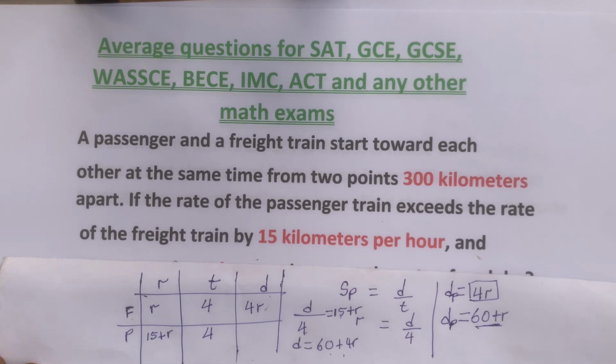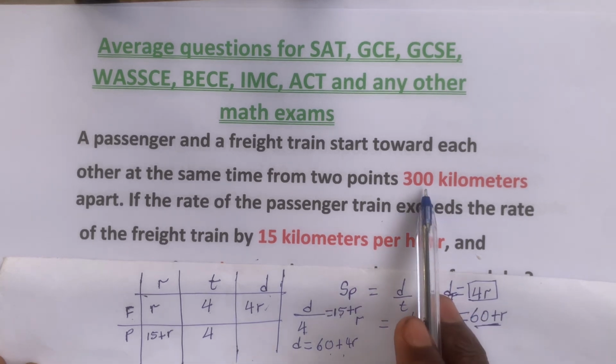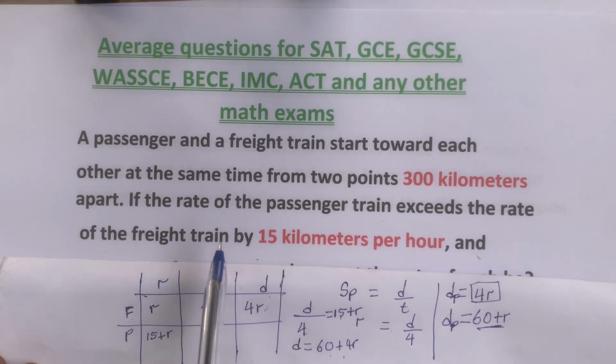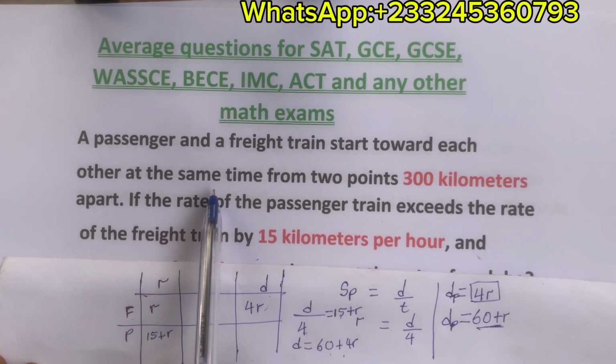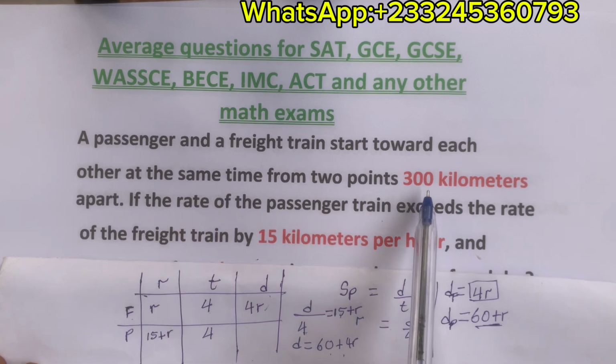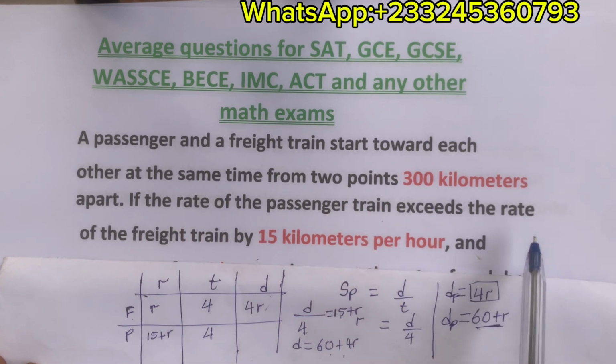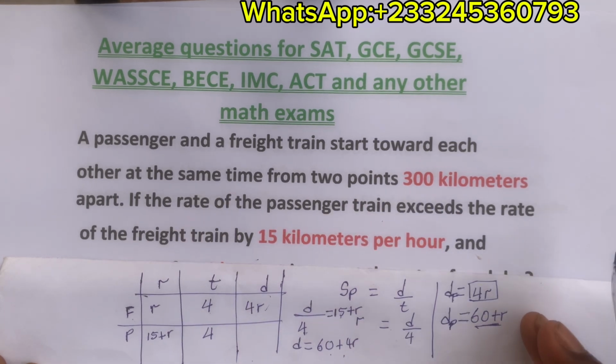So we know the distance covered by each, so we sum them to get the total distance. The question reads that a passenger and a freight train start towards each other at the same time from 2 points 300 kilometers apart. So the total distance between them is 300 kilometers.